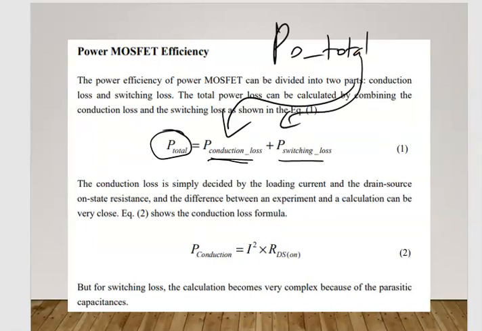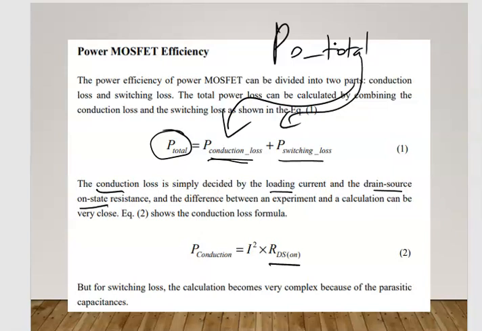See here we have, okay, set over here, conduction loss is the current due to the RDS on of the transistor.